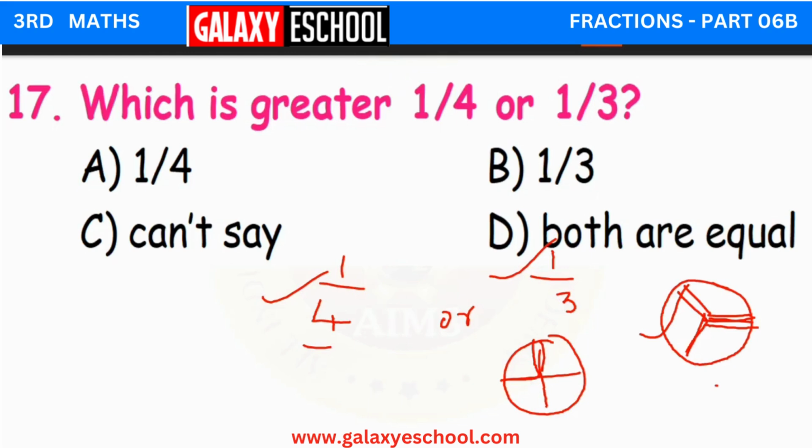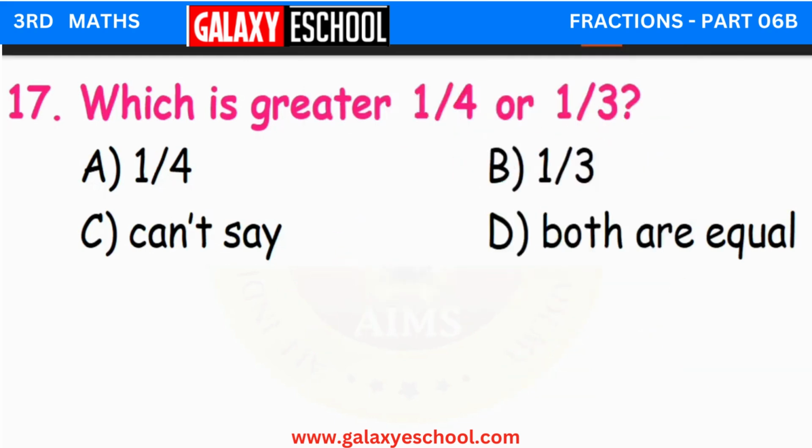Yes or no? So that is why if 4 is greater, you have to look at the denominator here. Okay, when 1 is the numerator, look at the denominator. The fraction with the lesser denominator will be our greater fraction.